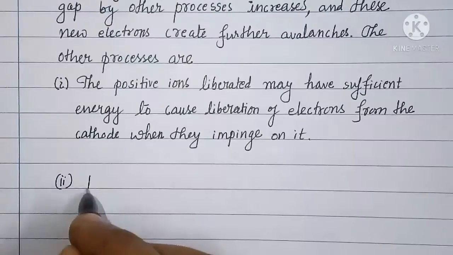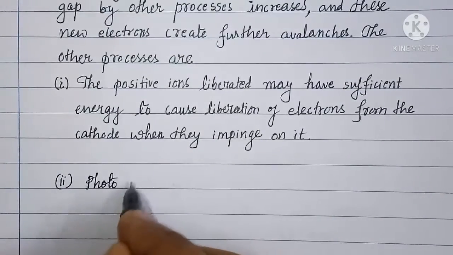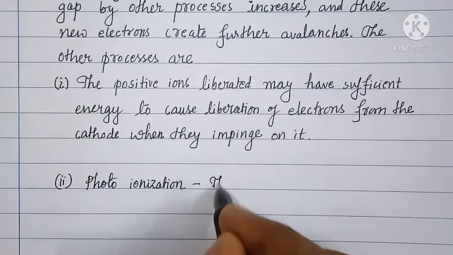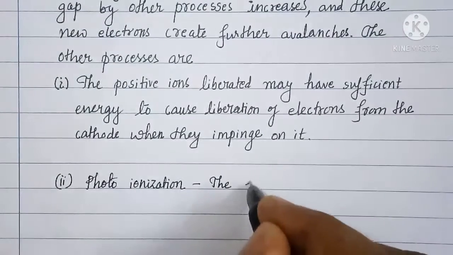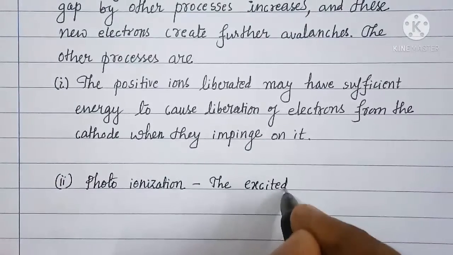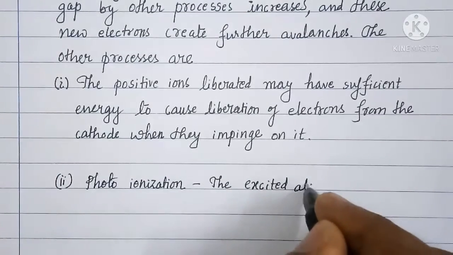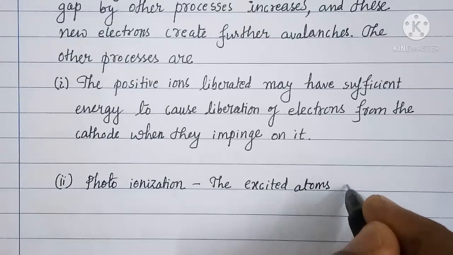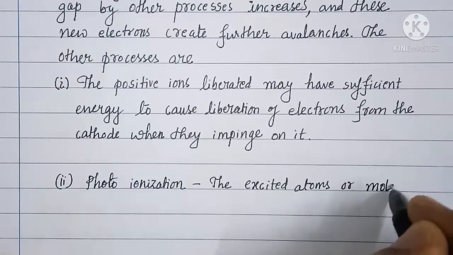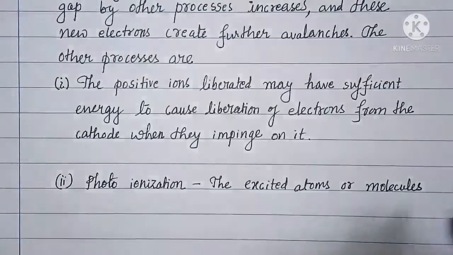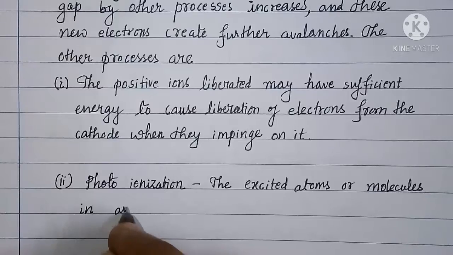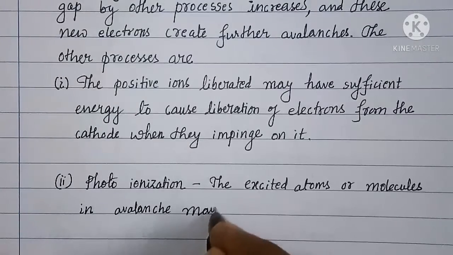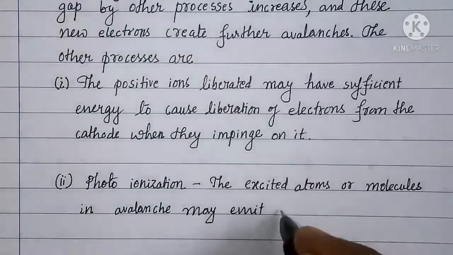Second process, photoionization. The excited atoms or molecules in avalanche may emit photons.